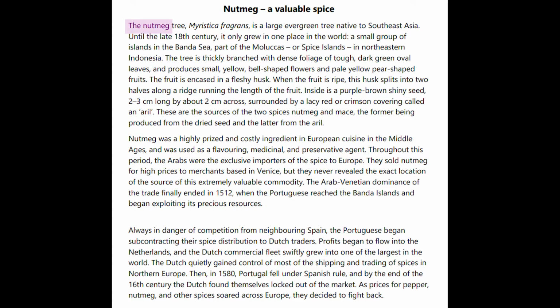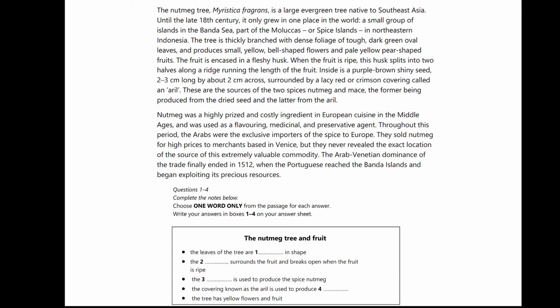There is one over here, another one here, but in paragraph 3, it talks about Portuguese began. So it's not talking about the tree anymore, and it's talking about something completely different. It's safe to say that the answers of all the questions, 1, 2, 3, 4, are in paragraph 1 and 2. You can see paragraph 1 and 2, questions 1 to 4.